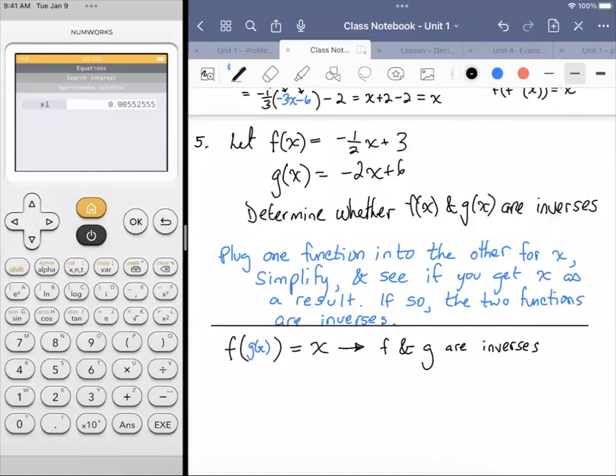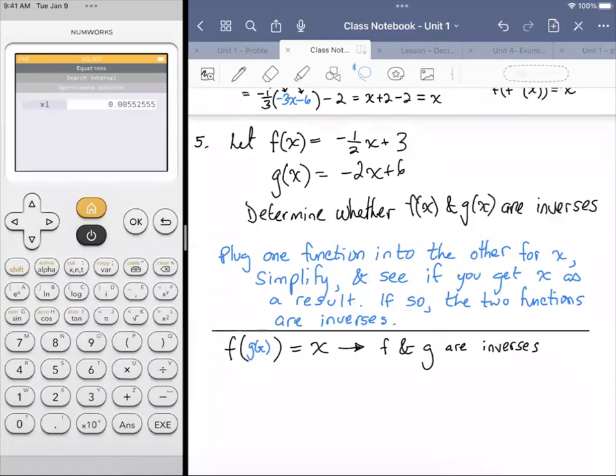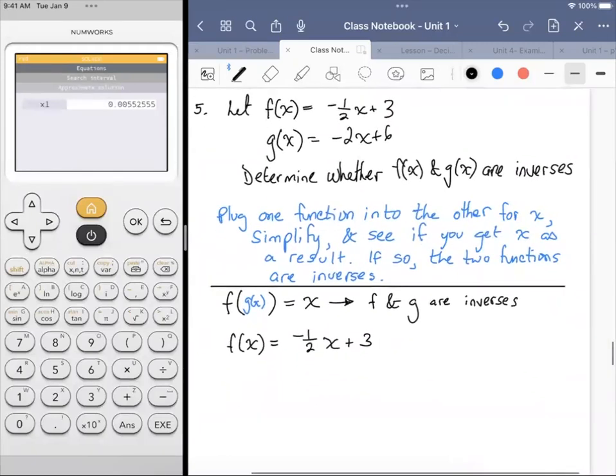All right. So what I want to do here is I got my f of x and my g of x. I'll rewrite the f of x. I'm going to replace the x in each case with g of x.